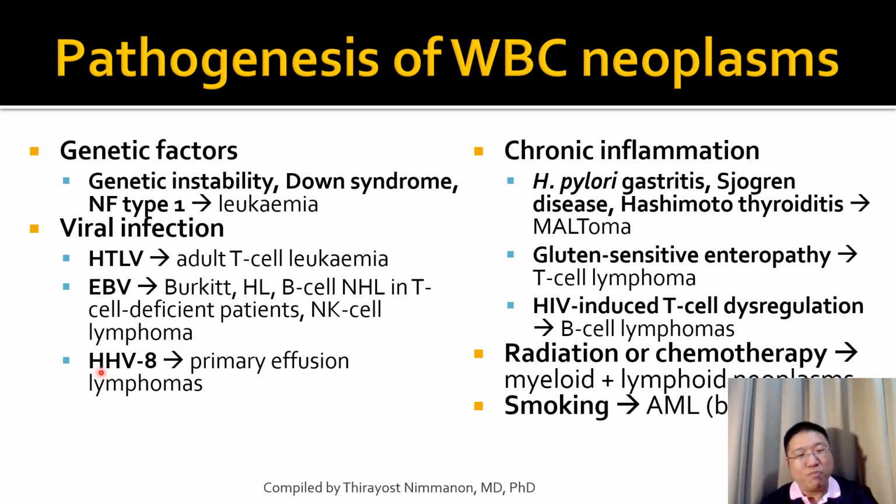And human herpesvirus 8 is a known cause for primary effusion lymphomas. This one is so special because it's so unique, but it's not so common. So I don't think you have to memorize it, but it's good to know.